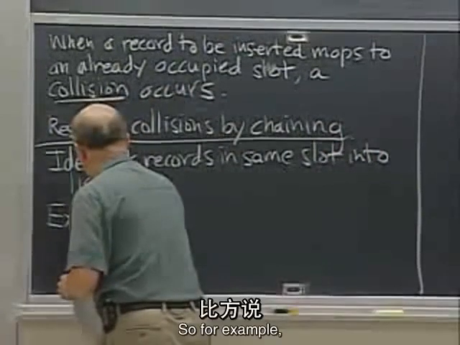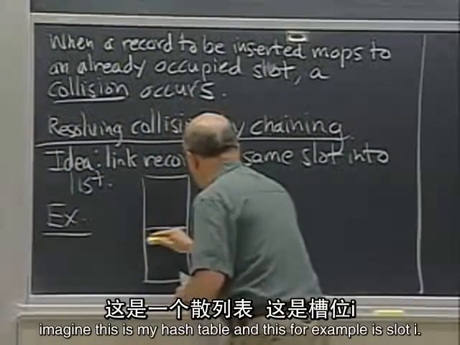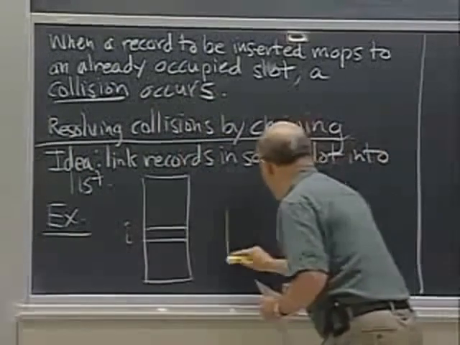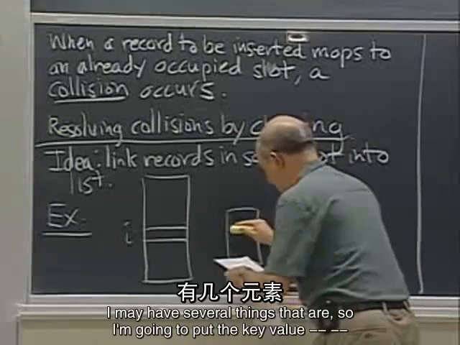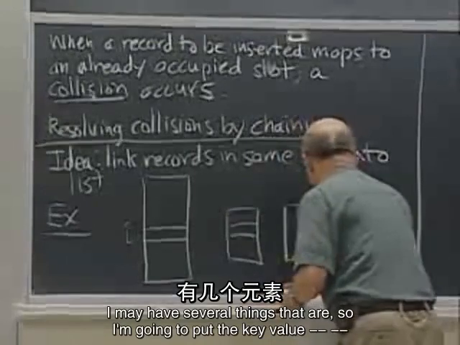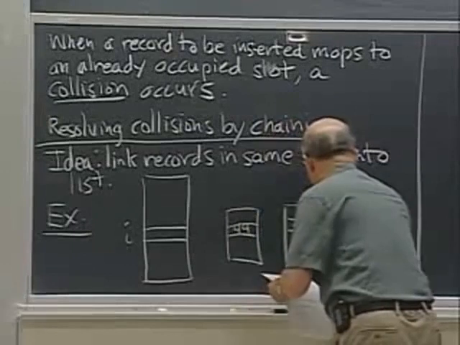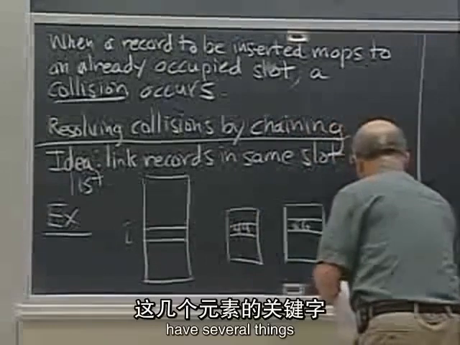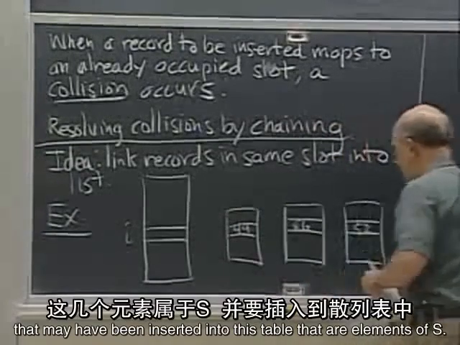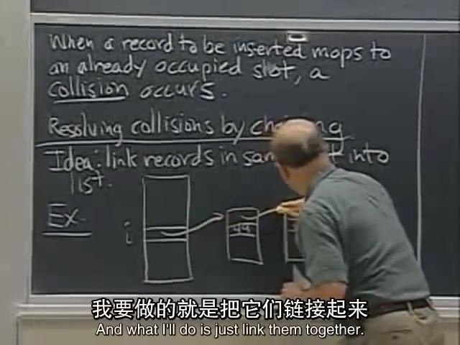So for example, imagine this is my hash table, and this, for example, is slot i. I have several things that may have been inserted into this table that are elements of S, and what I'll do is just link them together.